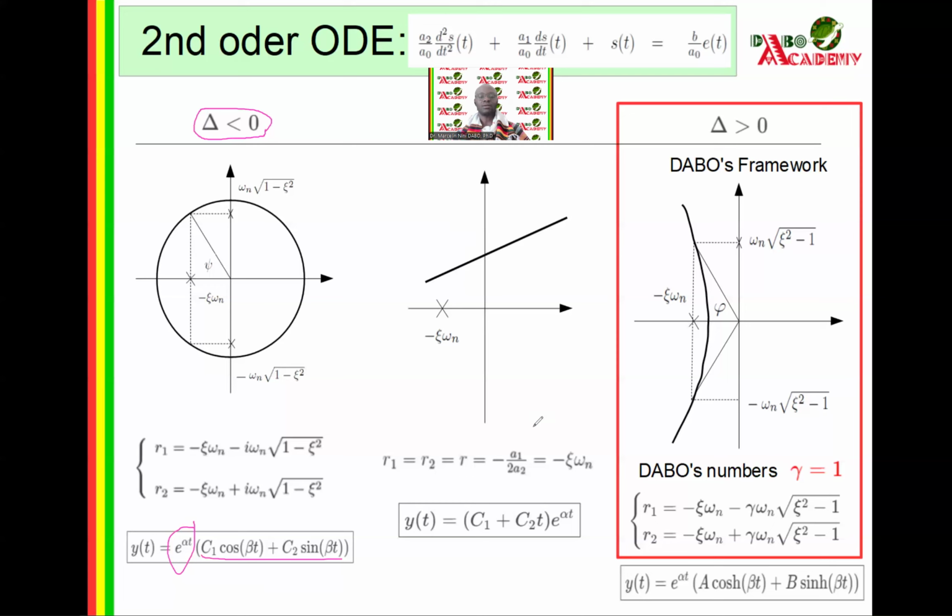When delta is equal to 0, you have a system living in an affine world, always enveloped by the same exponential. And then finally, when delta is greater than 0, what you have is a system living in a hyperbolic world, always enveloped by the exponential function.